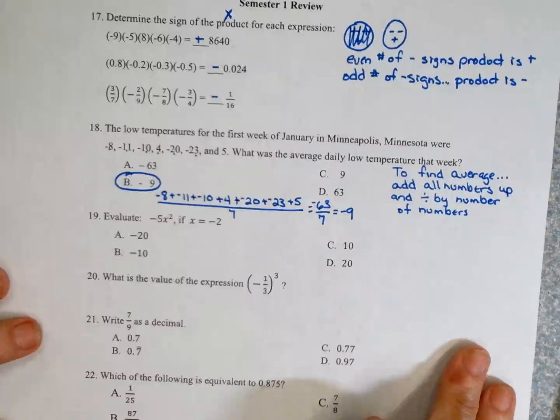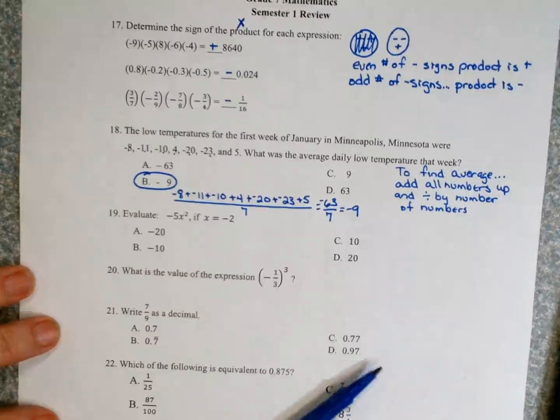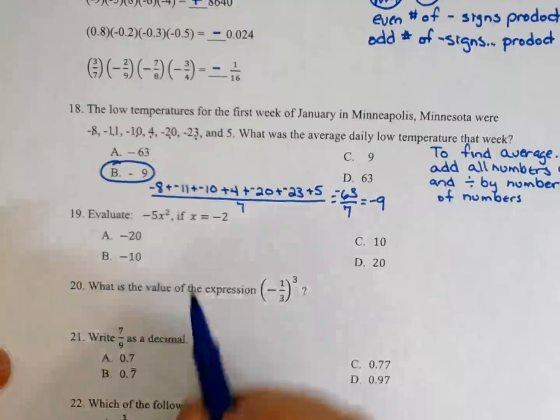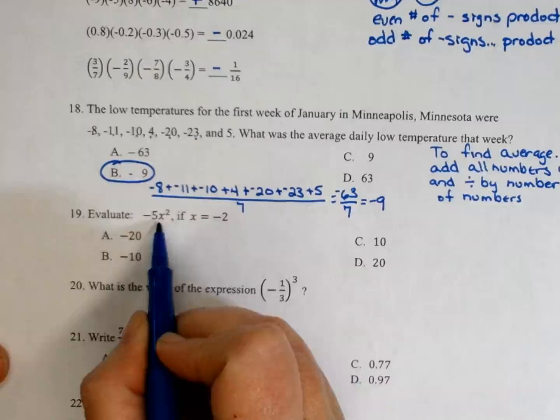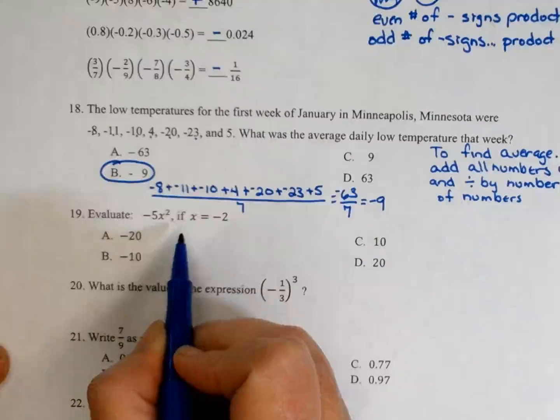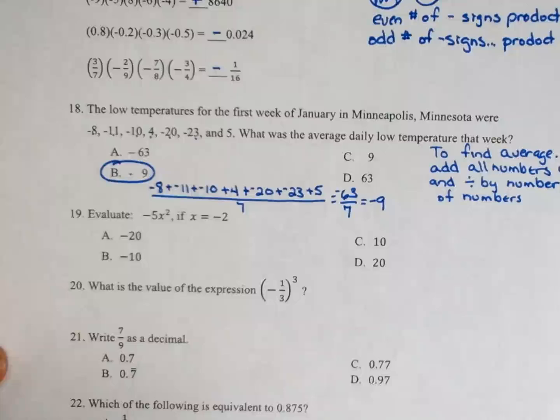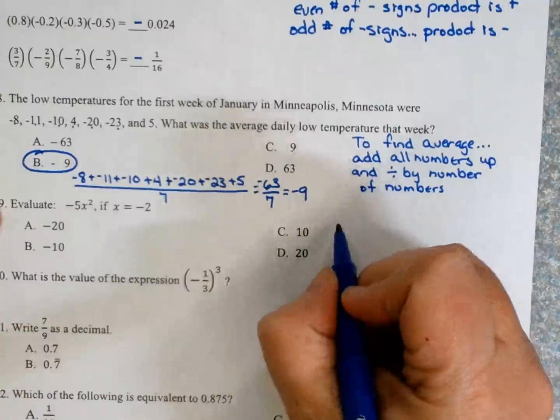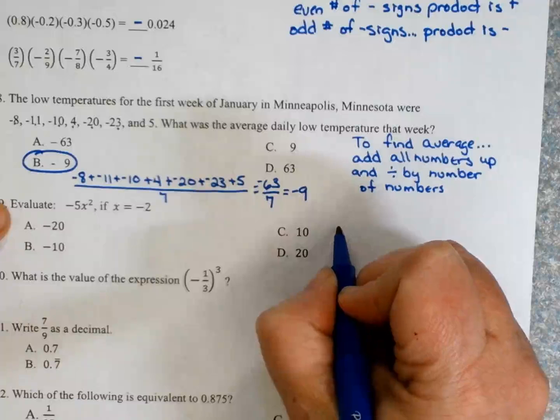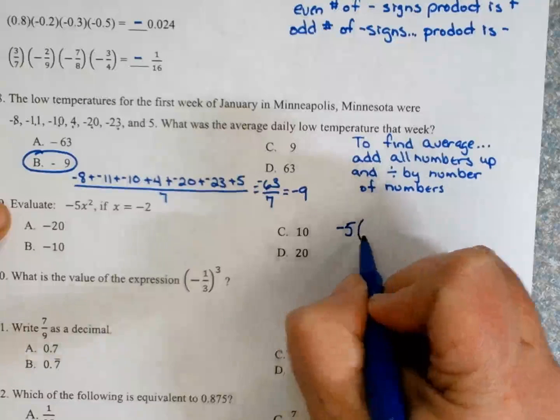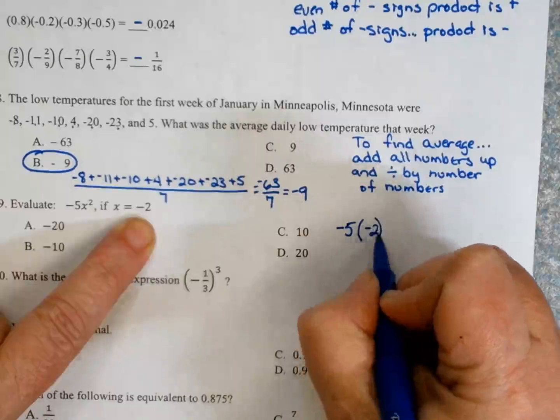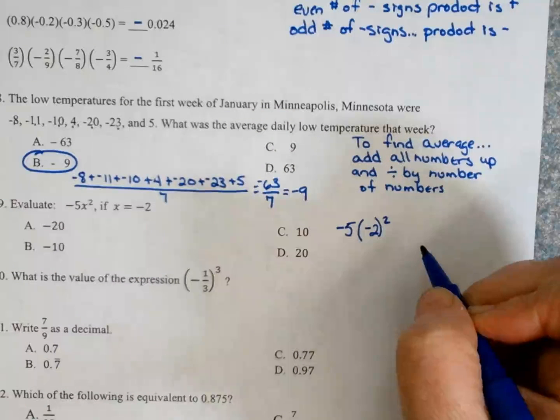All right, number 19, evaluate. This is another one of those words that you guys freak out about. Evaluate -5x squared if x is -2. All that means, guys, is you're going to put -5 times my x, which is -2, squared.